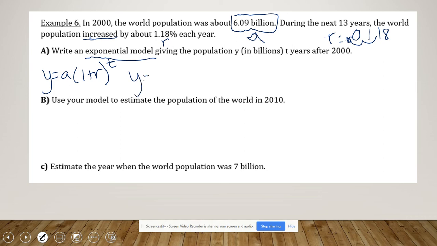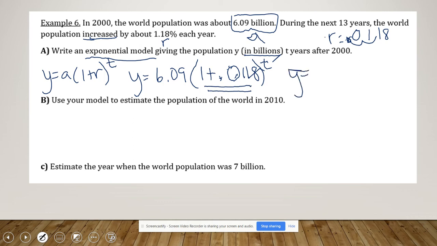I'm going to plug in 6.09 for A, because we've already got here that it's written in billions. 1 plus 0.0118 to the T. And again, clean up that inside. We get 6.09 times 1.0118 to the T power. Use your model to estimate the population in 2010.